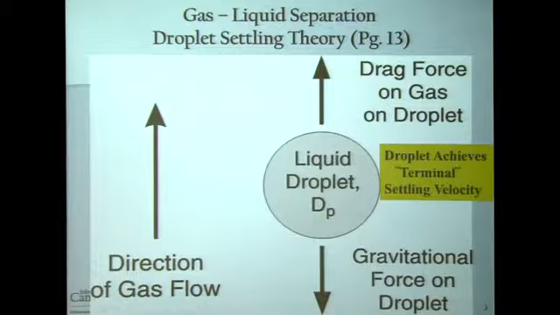The guiding principle of getting liquid out of vapor streams is based on droplet settling theory. And what we do is we develop procedures to allow you, a facilities engineer, to evaluate your operations in your plant. This is not a design course.